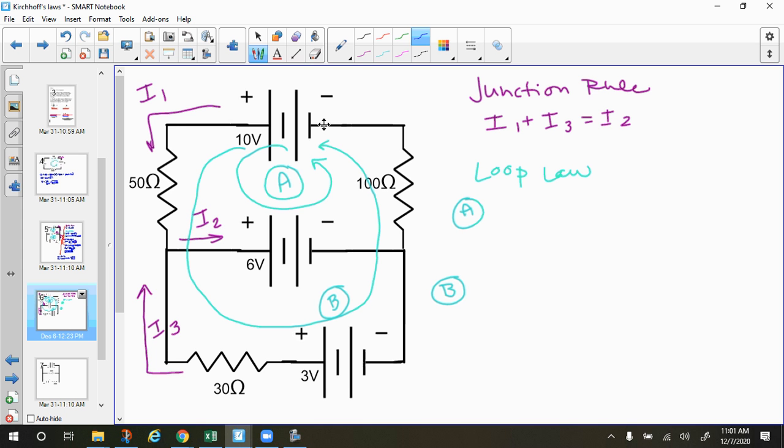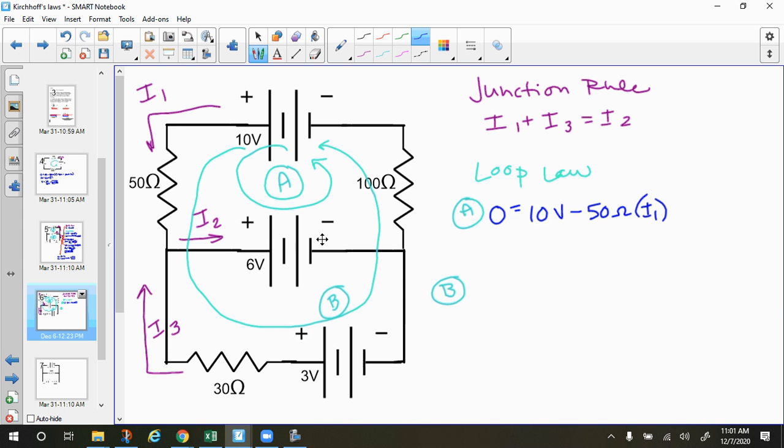So you start at the negative side of the biggest battery is what I usually do. We go through this one, we add 10 volts. So we have 0 equals 10 volts. Then we go through this resistor. I'm traveling the same direction as the current, so we expect it to be going from higher potential to lower potential. So we're going to subtract 50 ohms times I1.